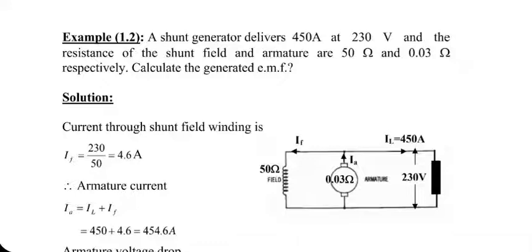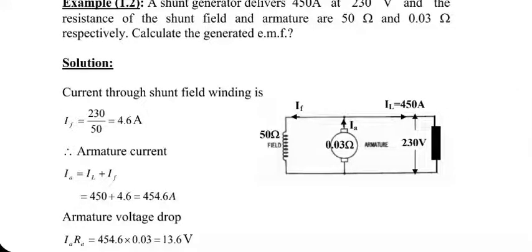The field current will be, because it's a shunt connection, IF equal to 230 volt divided by 50 ohm, which turns out to be 4.6 ampere. Armature current will be field current plus the load current. And he is calling load current as IL, which is given as 450 amperes. So armature current will be 450 ampere plus 4.6 ampere, which is 454.6 ampere.